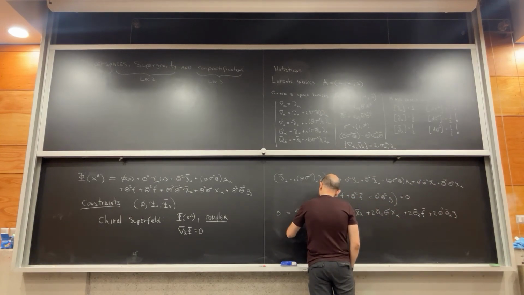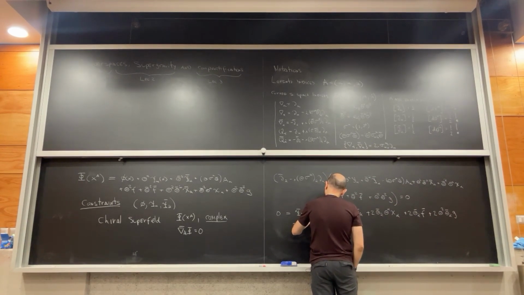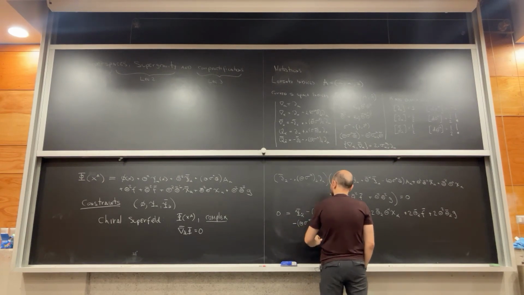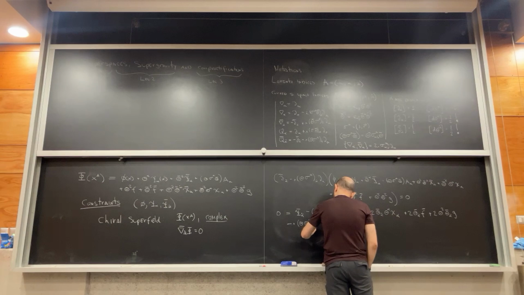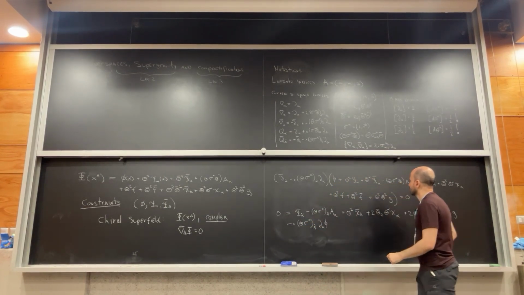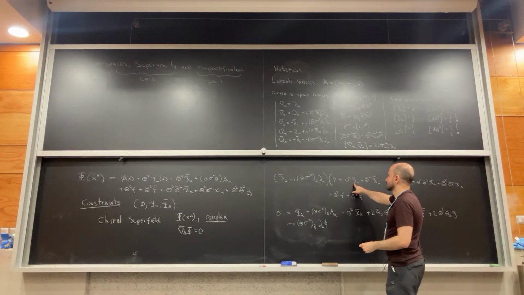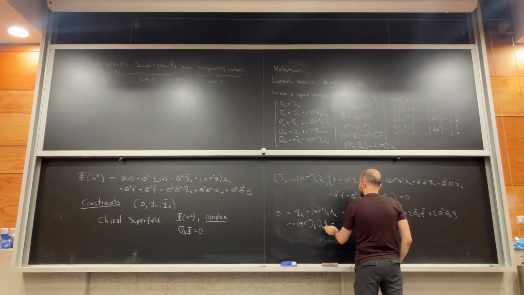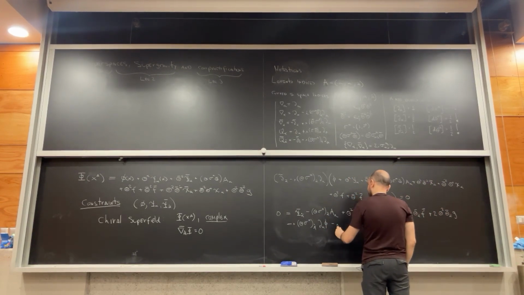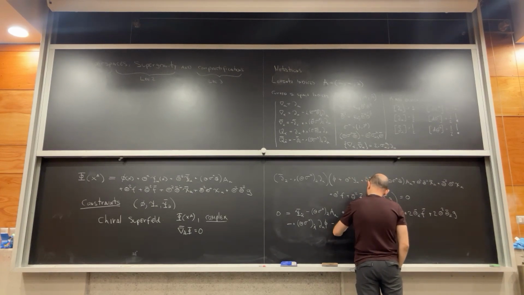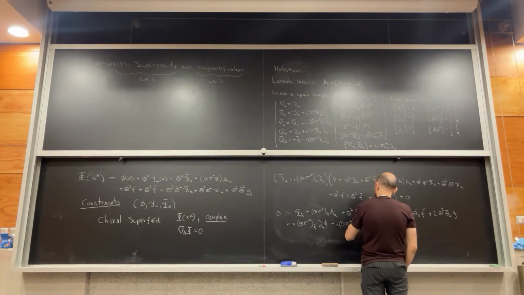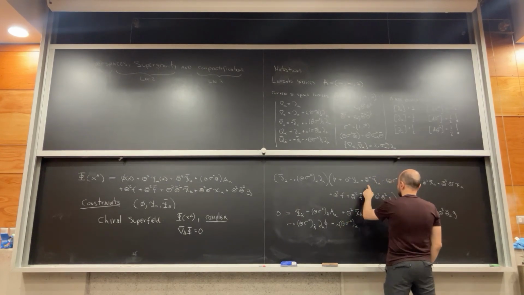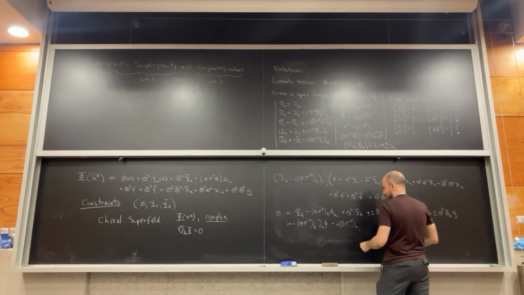So minus theta sigma a minus I alpha dot derivative of phi, and in this one is minus I theta a alpha dot. Now there is another theta here.